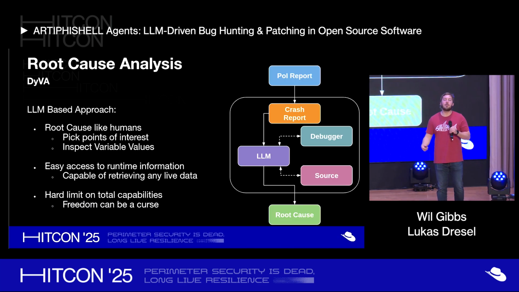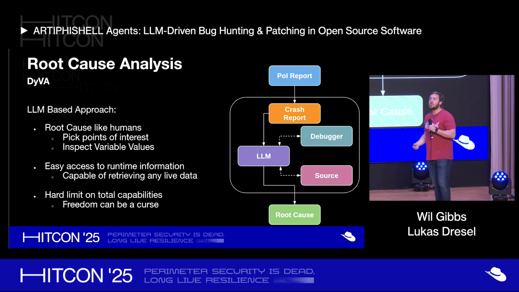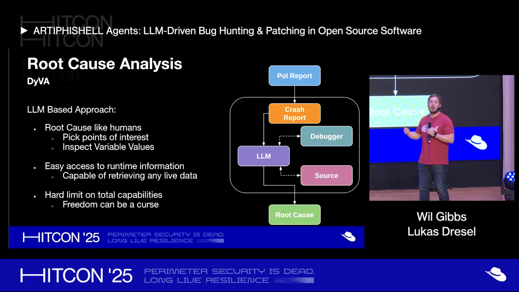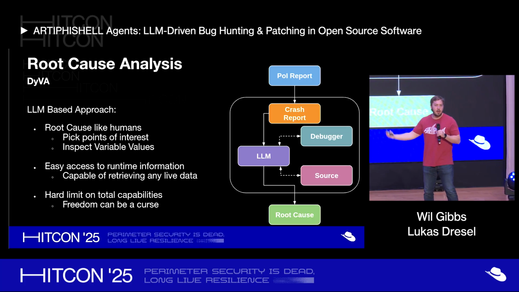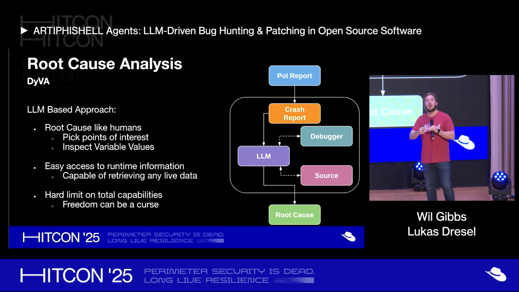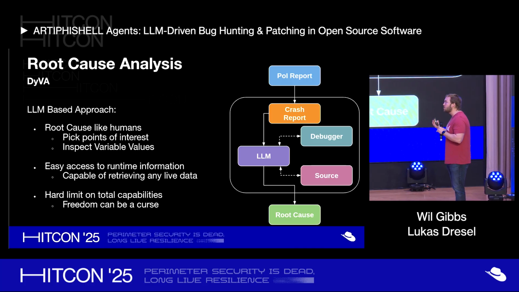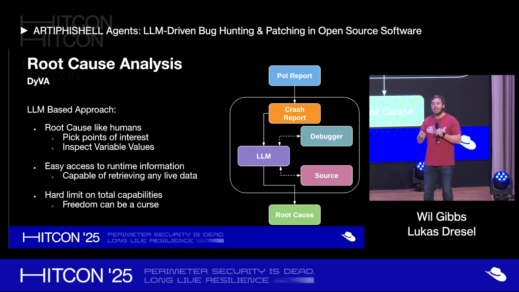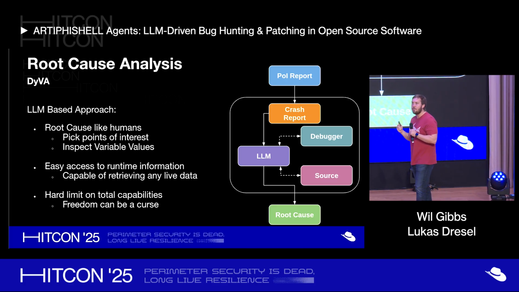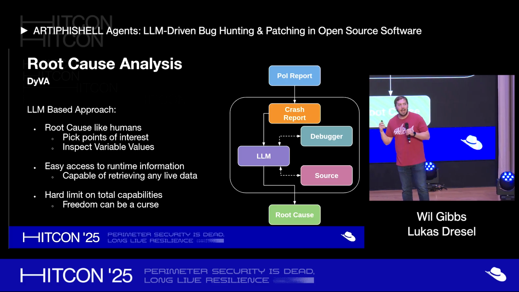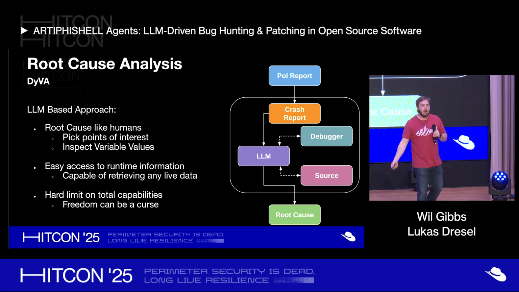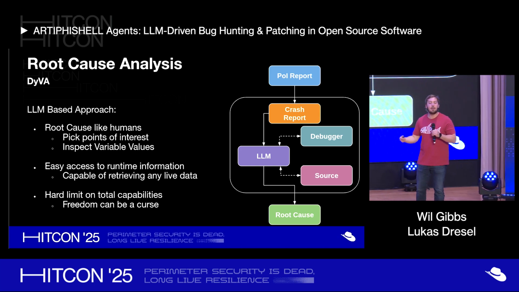But sometimes this information itself isn't enough. So we also decided to go with an LLM-guided approach we call DIVA. The idea is we take this POI report, this point of interest report, which is the crash report along with other information, which functions exist in the area, how they exist in the actual source code itself, and how you can reach them, feed it to an LLM, and then give that LLM several tools, one of them being GDB, so that it can analyze, it can walk around, it can figure out what's going on while I step through this crash.